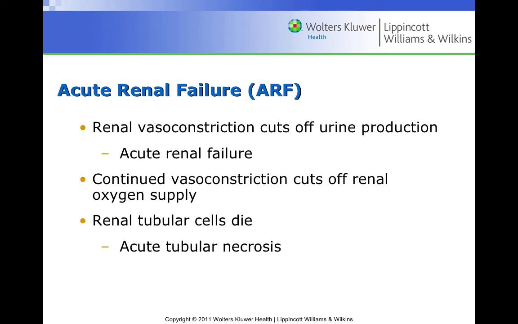If this is not supported appropriately, the renal tubular cells will die, resulting in acute tubular necrosis, and potentially the acute renal failure can become chronic. We can kill off the kidneys. The kidneys are one of the first systems that shuts down during shock, so it's an early warning system, and we can support them well with dialysis and other interventions, but not if we don't see it soon enough.